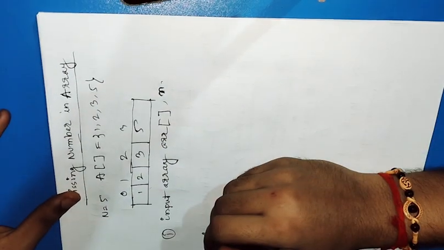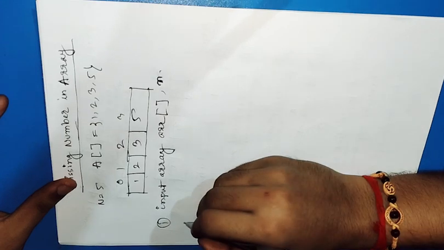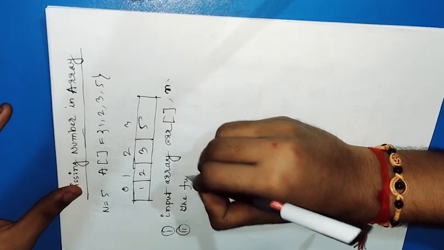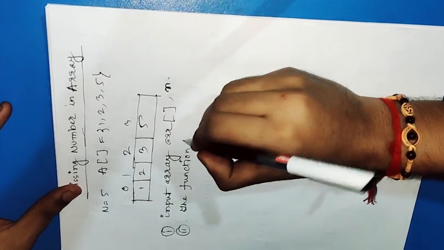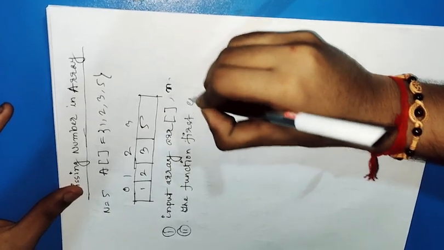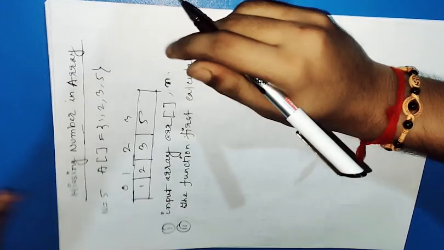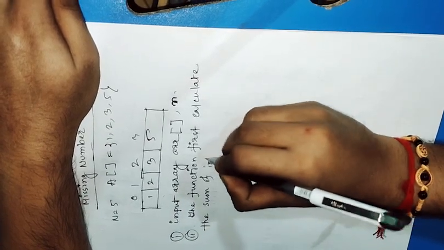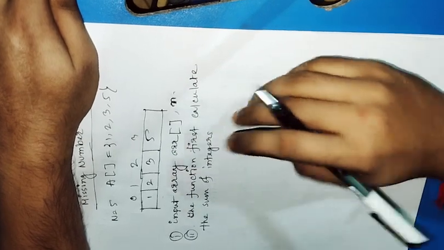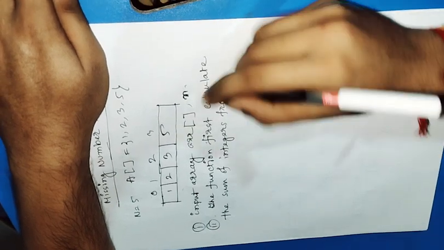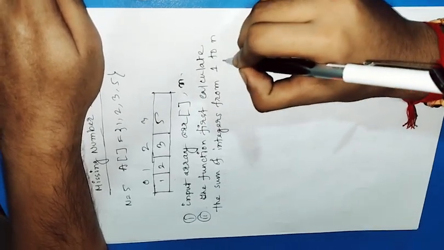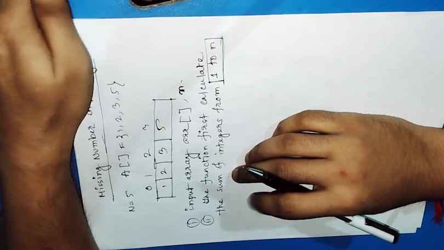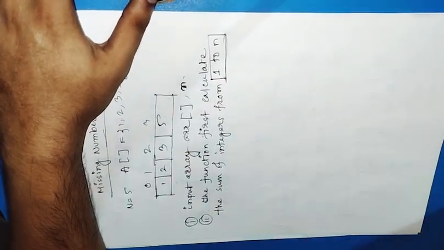The function first calculates the sum of integers from 1 to n, using one formula.